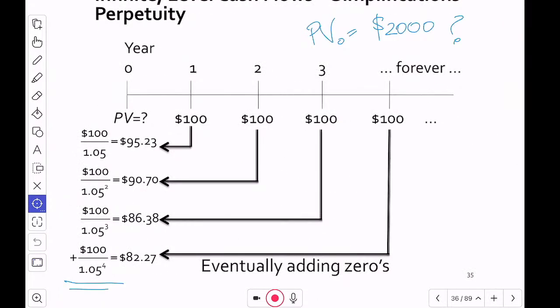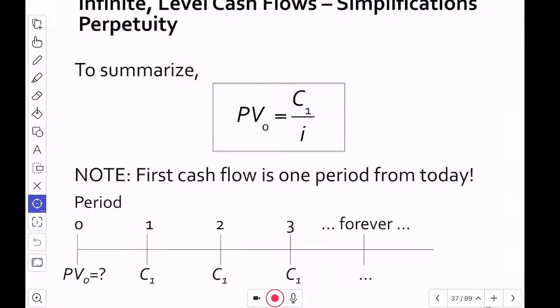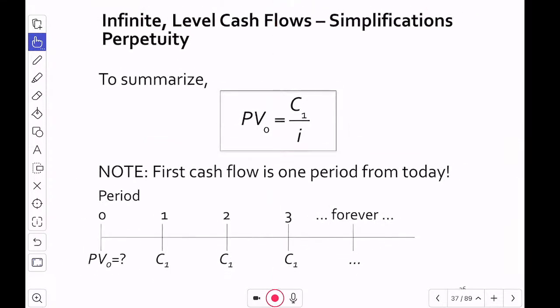All right, because I'm eventually adding zeros, the value does converge to a fixed number, and it will do that after it reaches $2,000 of value. All right, so this is the timeline. In general, it looks like this, C1, C1, and you have that on your formula sheet. Remember that the first cash flow is one period from the day of valuation, the cash flows are level, and the cash flows are forever.